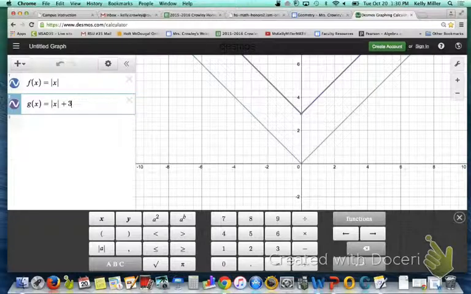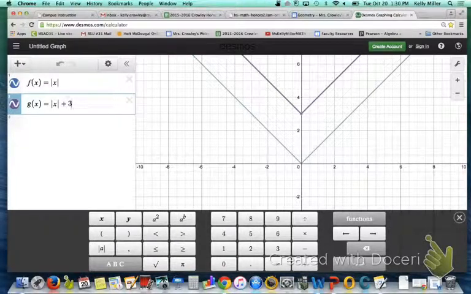It's still shifting up 3, right? So the transformation is staying the same no matter what the function is. Absolute value looks like a v. What would be the transformation if this was a minus 20? It would go down 20 units.